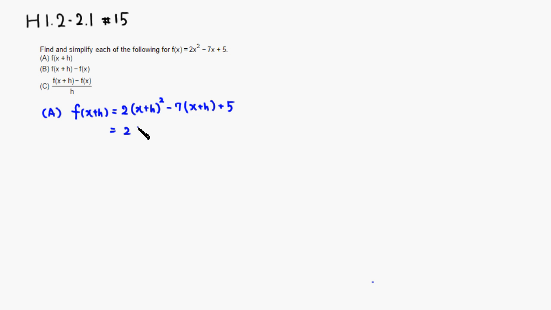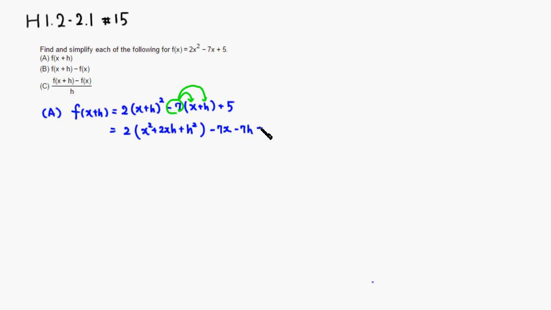So it's 2 times, if you square that, you get x squared plus 2xh plus h squared. Then we can distribute the negative 7 to x, we get negative 7x, and distribute the negative 7 to h, we get negative 7h.